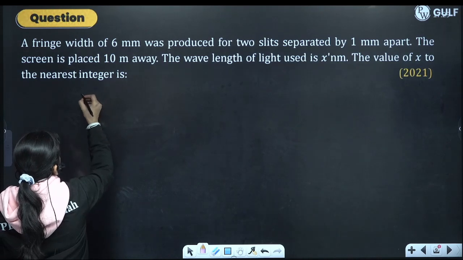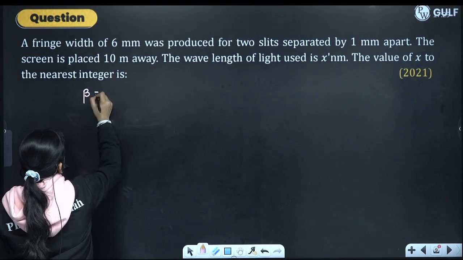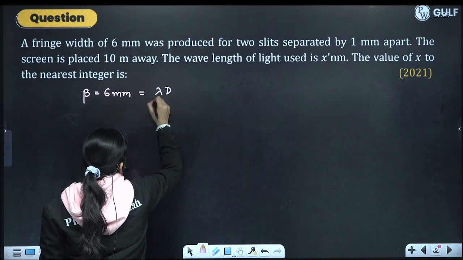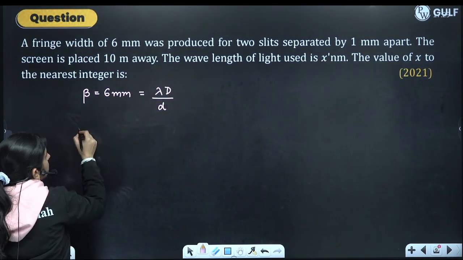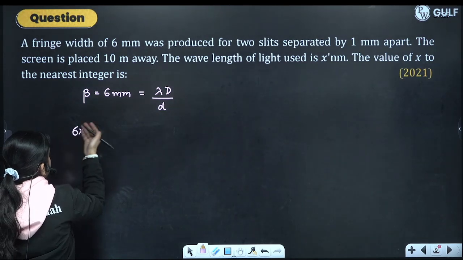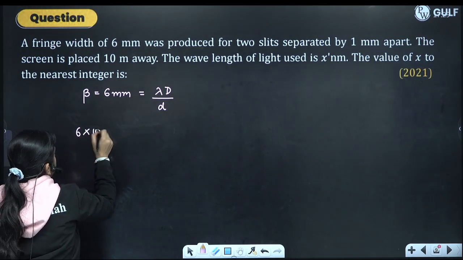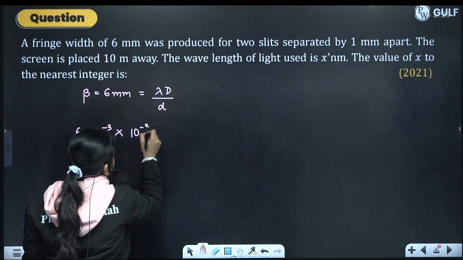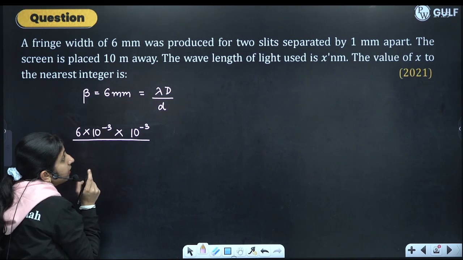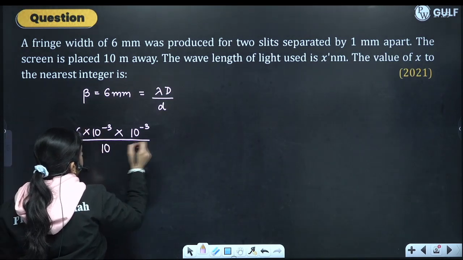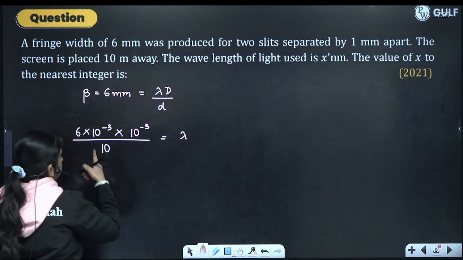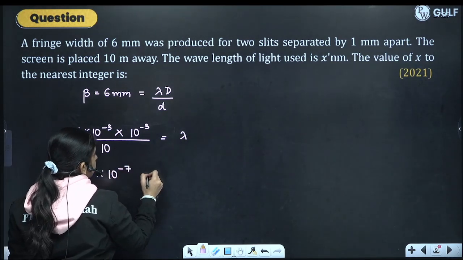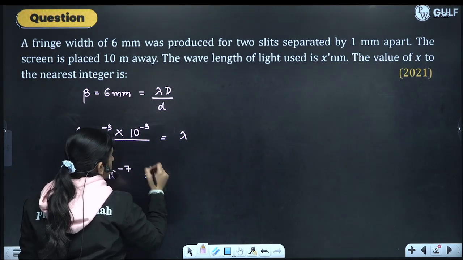See, fringe width beta is given as 6 millimeters and beta is equal to lambda D by d. Substituted 6 into 10 raised to the power minus 3 into d. What is d? 1 millimeter, so 10 raised to the power minus 3 divided by capital D, which is 10 meters, is equal to lambda. So from here we will get 6 into 10 raised to the power minus 7 is equal to lambda.